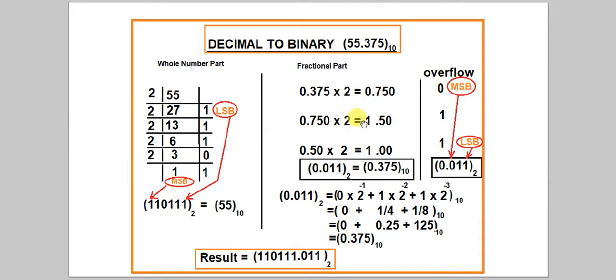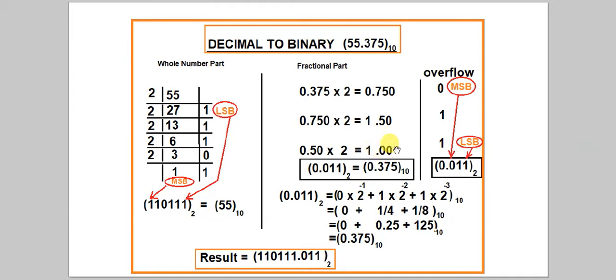Then we multiply 0.75 by 2, which is 1.5. The overflow is 1, we put the overflow here. And again the remaining fractional part, 0.5, we multiply by 2, which gives 1. Now the fractional part is totally 0.